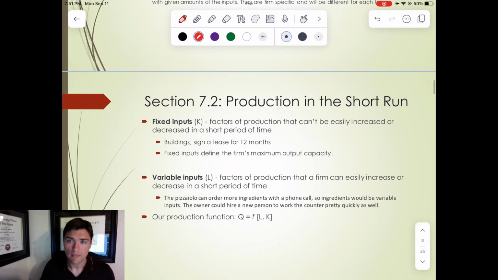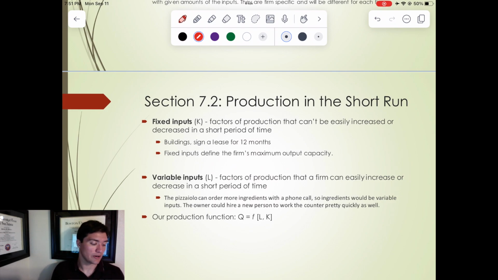In that, we do have 2 types of inputs: fixed inputs and variable inputs. Fixed inputs are the things that can't easily be changed in a short period of time. For instance, if you wanted to change your kitchen, it's going to take a long time.